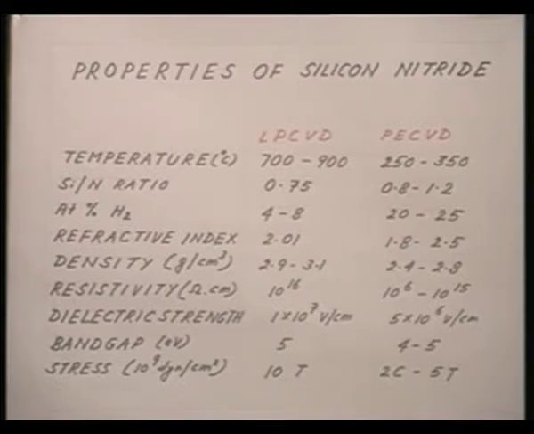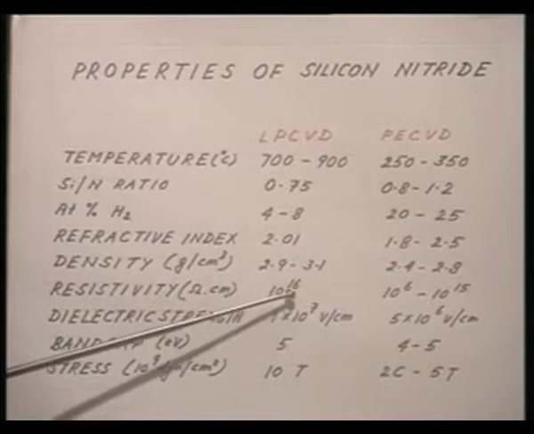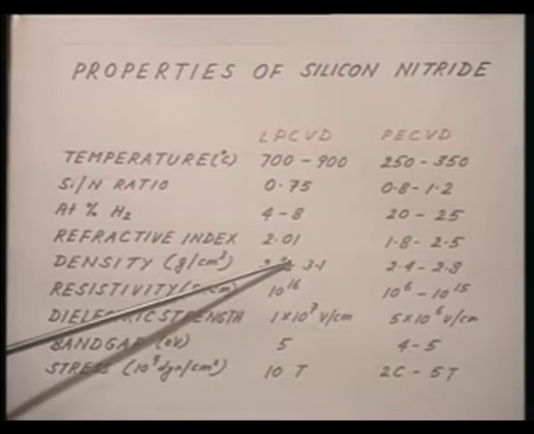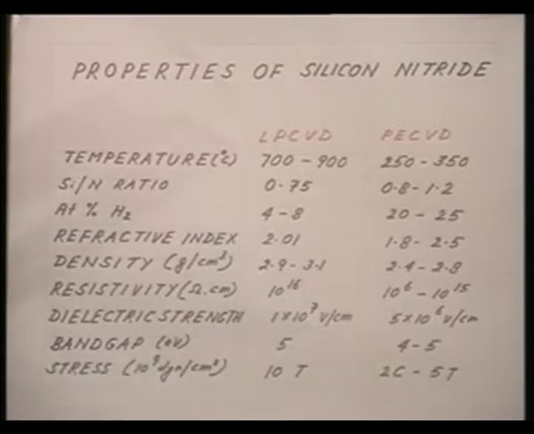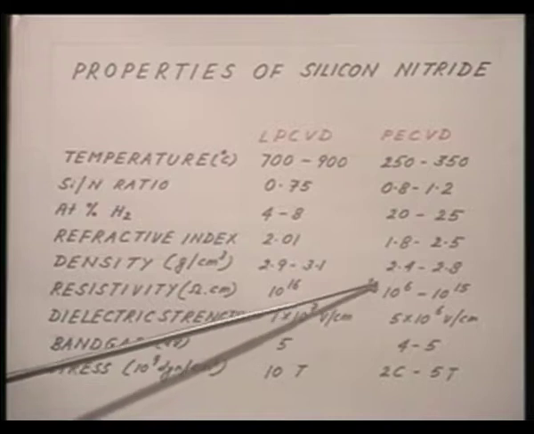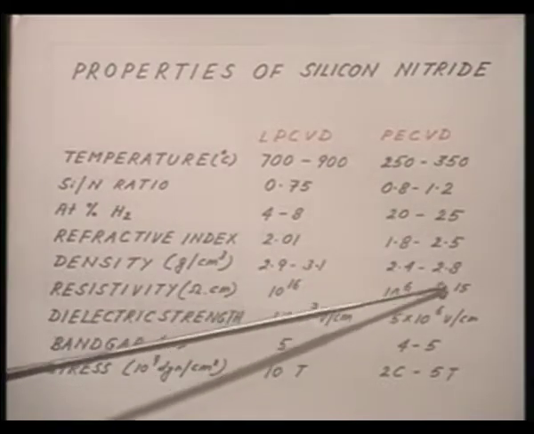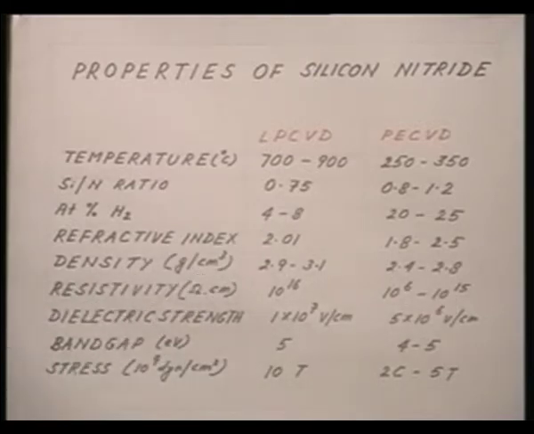Okay. Next interesting point is resistivity, because you are going to use silicon nitride as an insulating film. You see, for LPCVD you have a pretty good resistivity, 10^16 ohm centimeter, whereas in case of PCVD you may have a very bad film with 10^6 ohm centimeter resistivity, and in the best case also it is somewhat less than that obtainable in case of LPCVD.